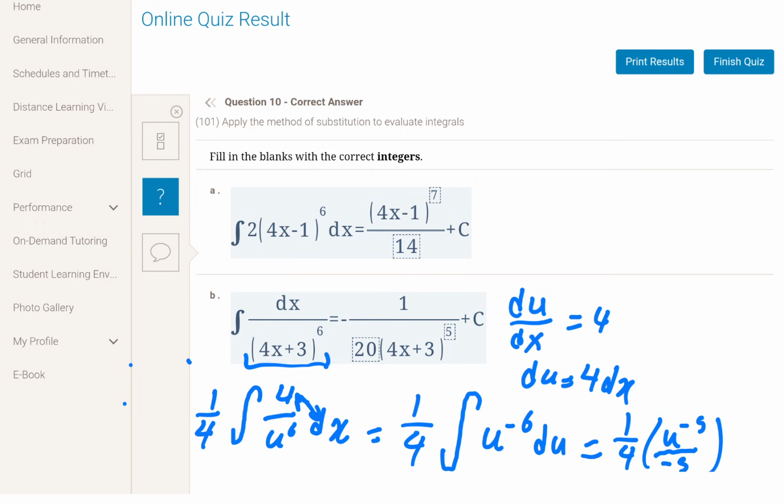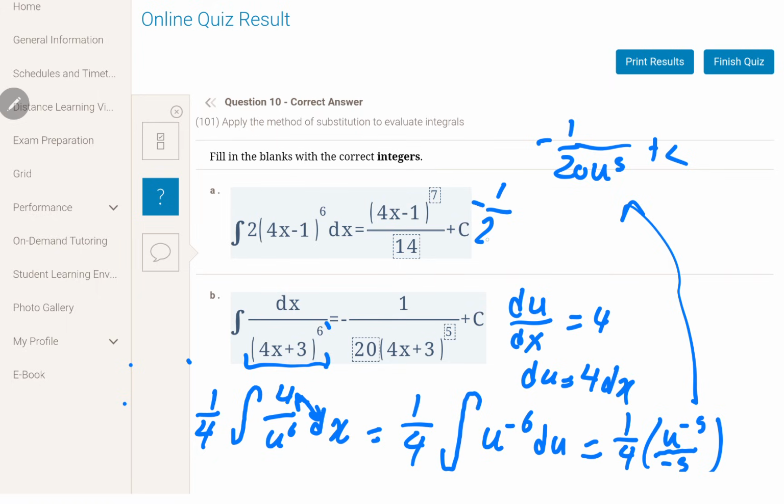So this equals negative 1 over 20 u to the power of negative 5, which you take down as u to the power of 5, plus c. Now you expand: minus 1 over 20, and u was 4x plus 3, so 4x plus 3 to the power of 5, plus c. This is your answer. Done.